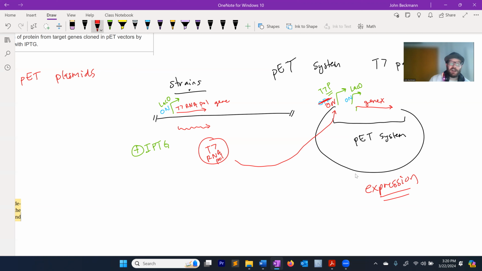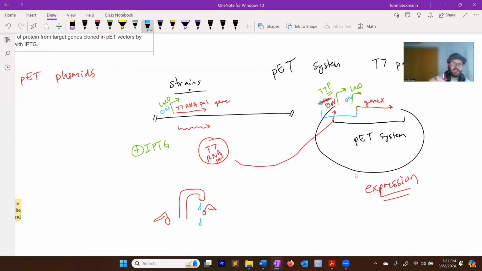Remember in the past, I talked about the lac operator as kind of like a leaky faucet, where even though the repressor is on, sometimes you get a little bit of leaky transcription. If you do this double promoter system, they've figured out a way to make it much tighter.